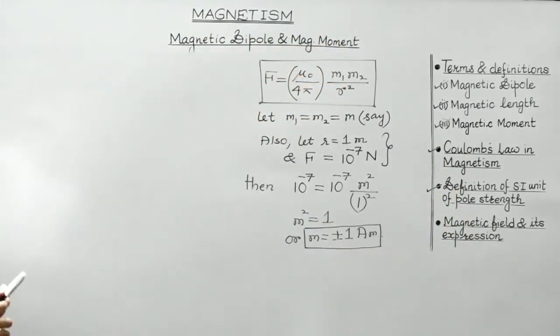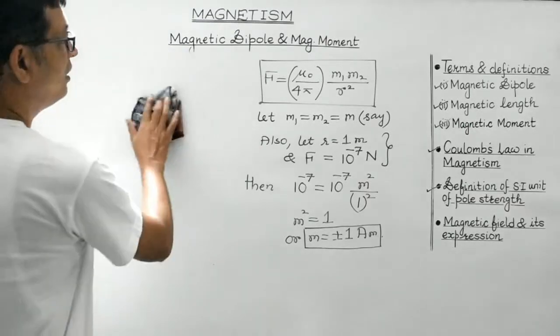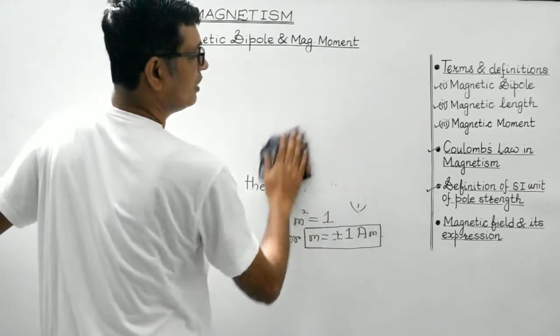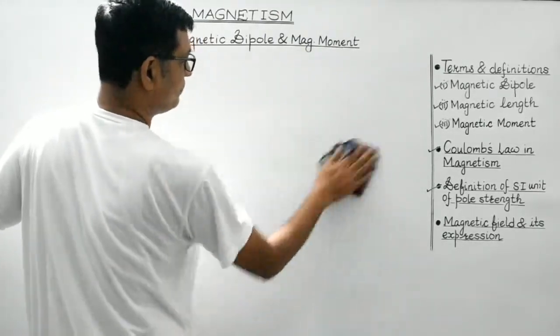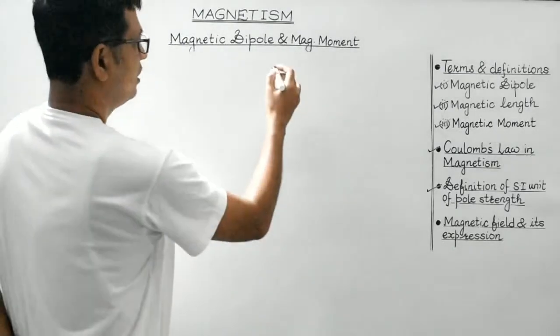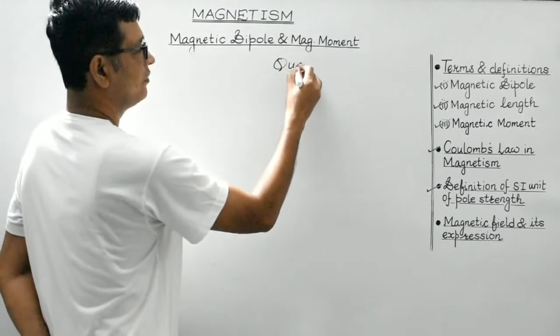Now, let's proceed to the last topic, which is the magnetic field, and we'll try to find out an expression for the magnetic field. So, students, first, let's consider the qualitative study of magnetic field.